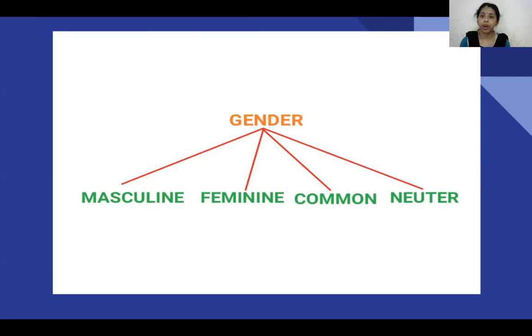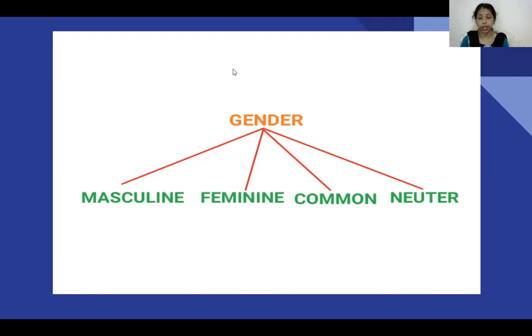In the animal world also, they have two categories like human beings. One is male animal, another is female animal. The male animals and the male human beings come under the masculine gender.